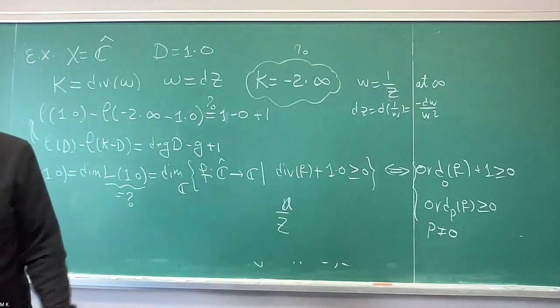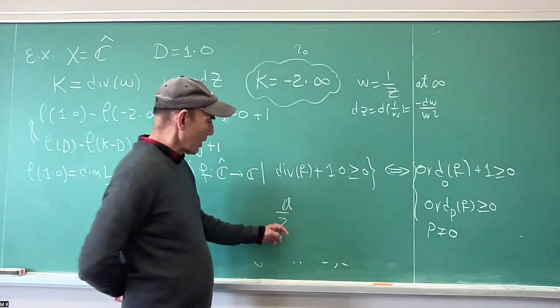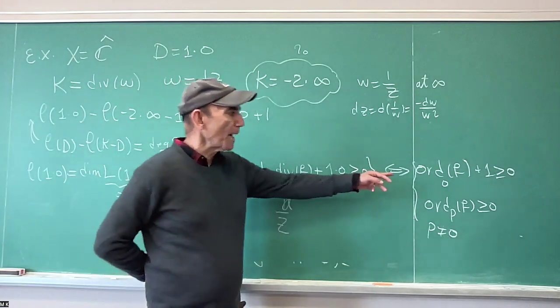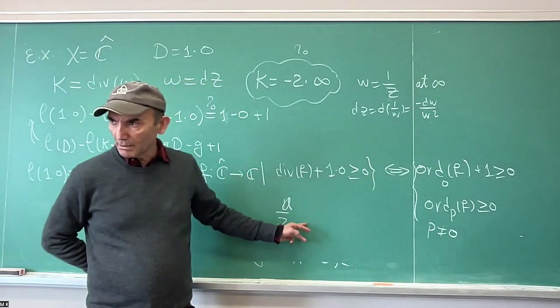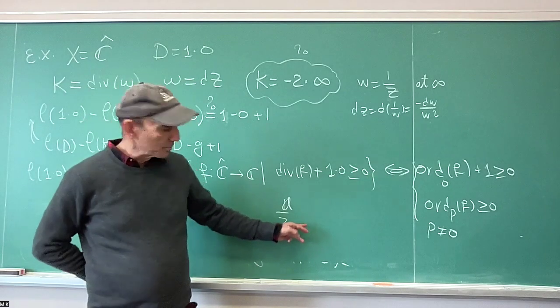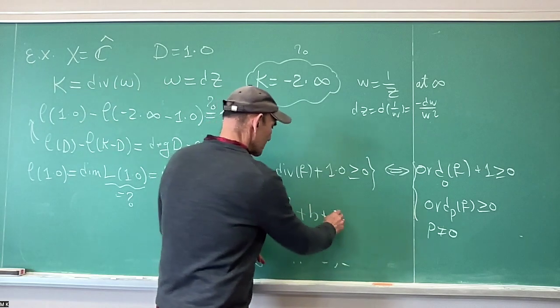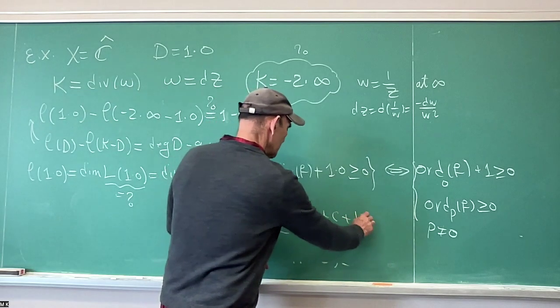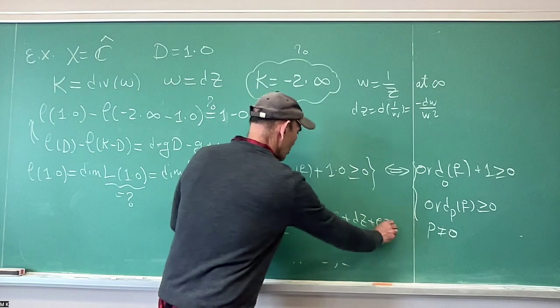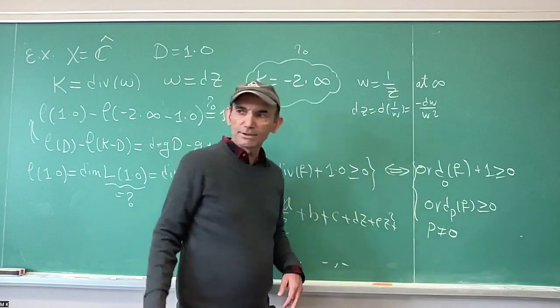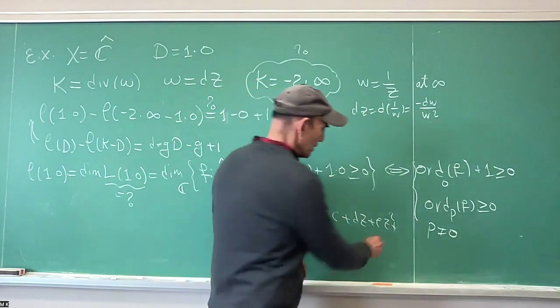That's too big. No. Look, write the Laurent expansion of this function around 0. You're going to get a over z plus b plus c plus dz plus ez squared. I'm writing like a high school student here, so that's okay.